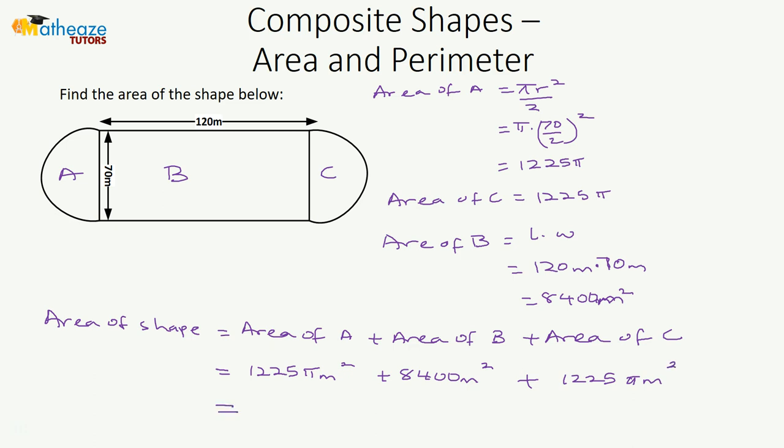I'm going to simplify this in terms of pi. This is going to be 8,400 square meters plus 2,450 pi square meters. So this is the area of that shape.